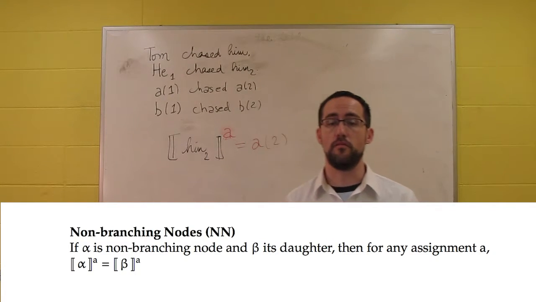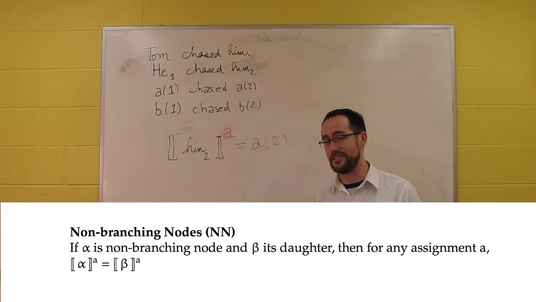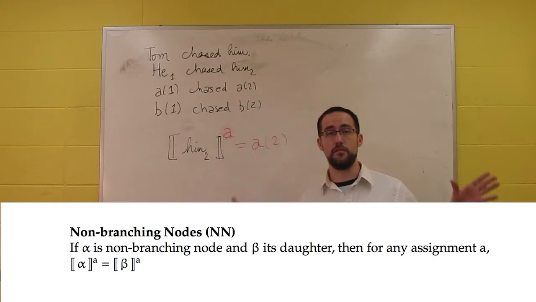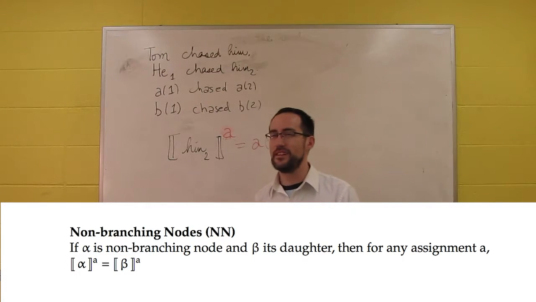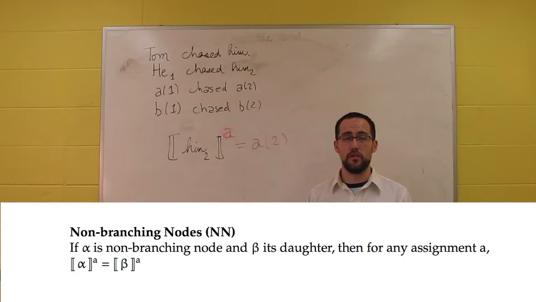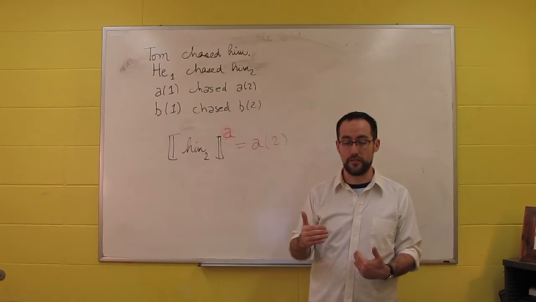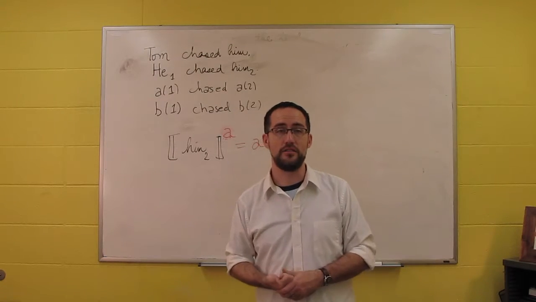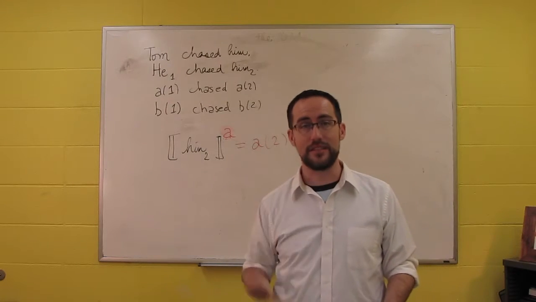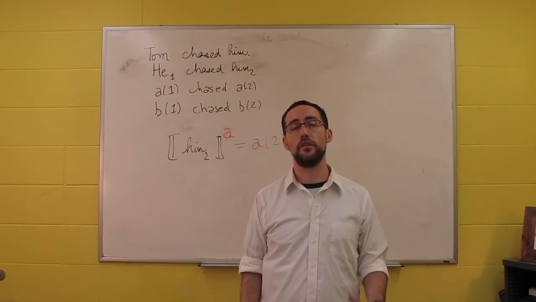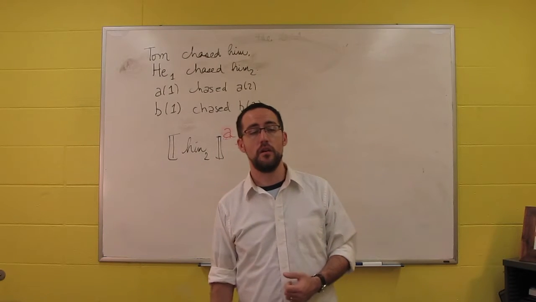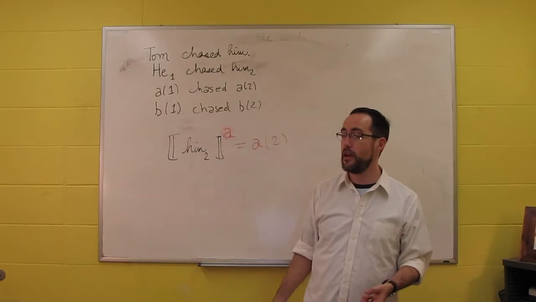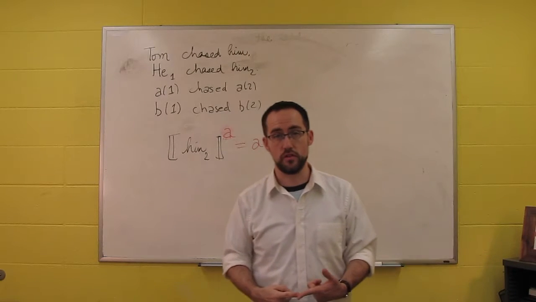If alpha is a non-branching node and beta is its daughter, then for any assignment A, alpha under A equals beta under A. So in that sense, we've kept the spirit of non-branching nodes. The meaning of the daughter is the meaning of the mother, and whatever assignment we pick is going to be carried up as well. So nothing has really changed significantly. We get our meaning in 13, and now we can compose those with functional application.